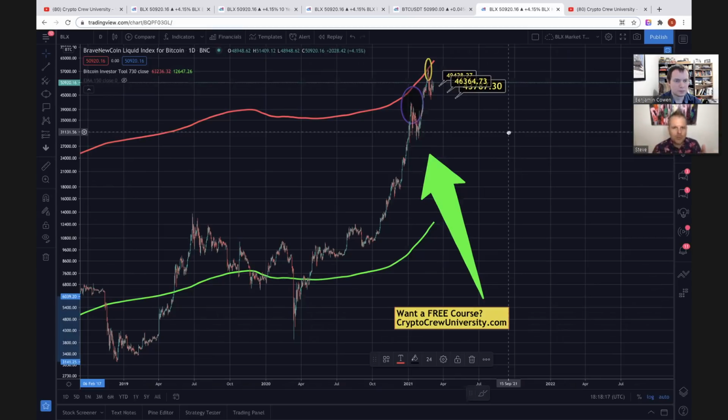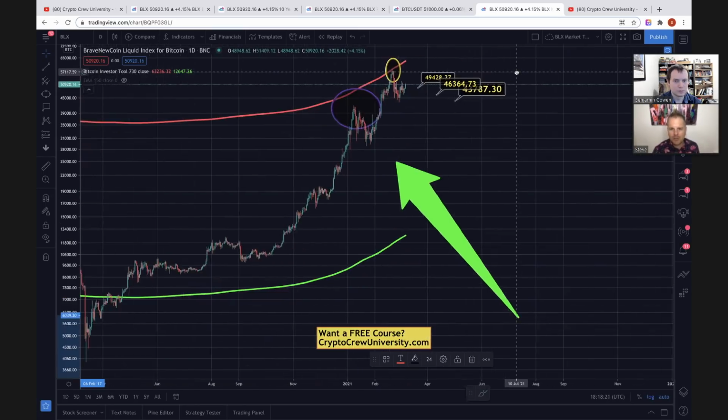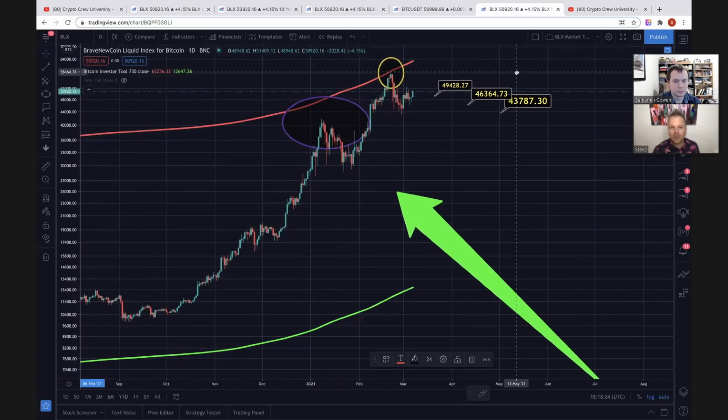Like, what do I do? Let me give you a quick breakdown of this, and this might help one person at home that's really struggling with trading. So we were around 54, 55,000, and I just got bombarded with questions of should I buy right now? And my reaction was, okay, let me create a simple strategy that should connect with folks.